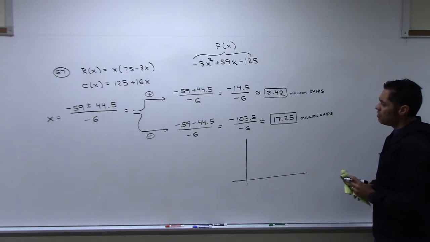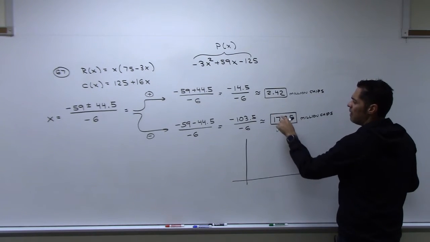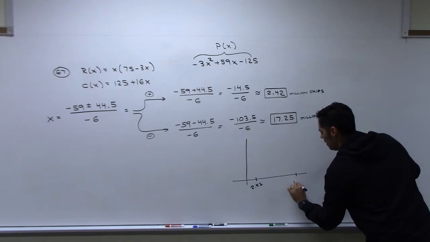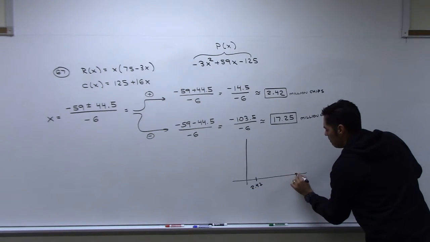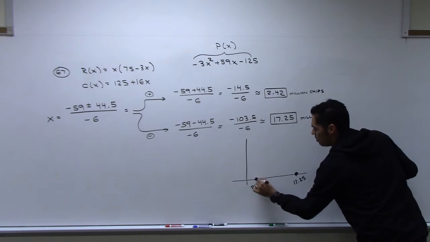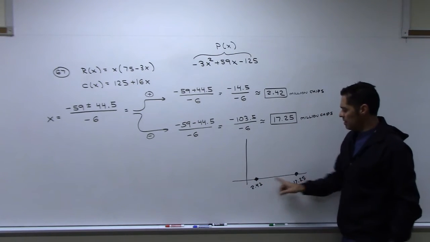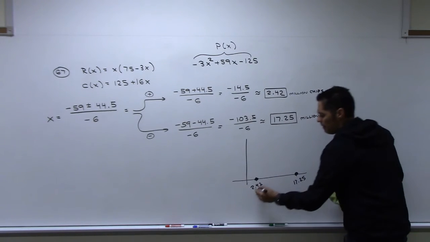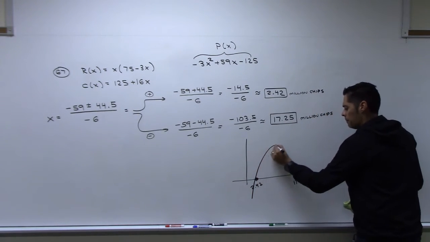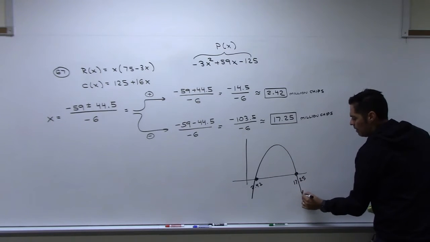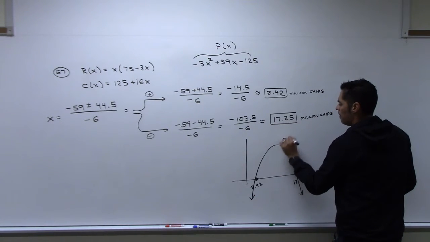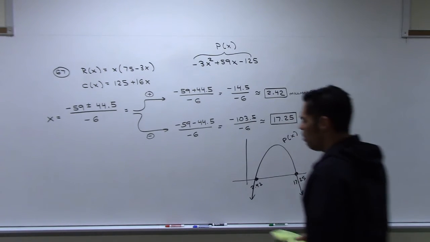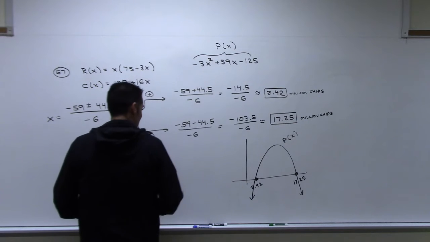I also know that at these two values, 2.42 and 17.25, my profit is 0, which means that the graph hits the x-axis here. And if it opens like this, then our profit function is going to look something like this. And so they want to know, when are we going to have loss and when are we going to have profit?